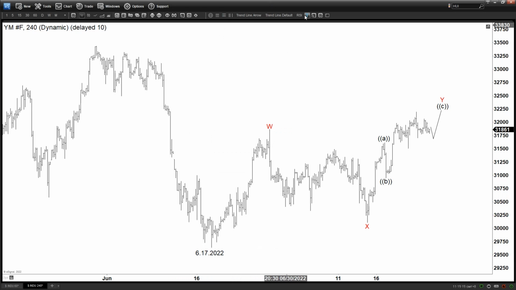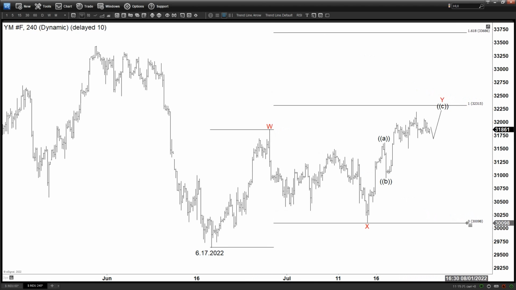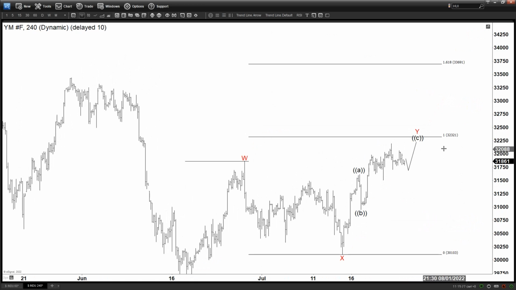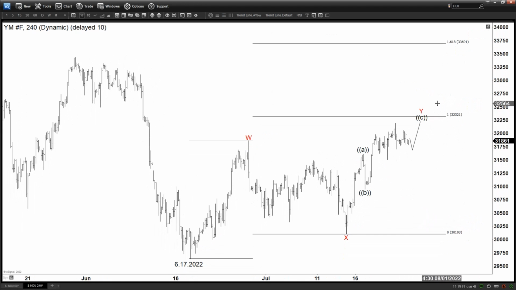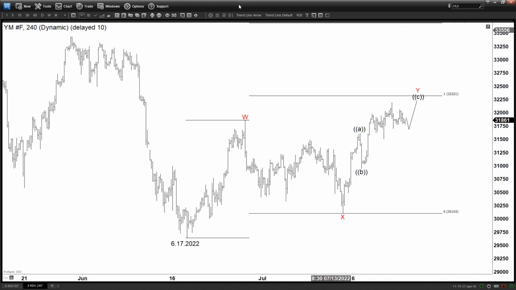Using the extension tools, we can find a potential target on the upside. Ideally this is a target level between 33,321 and 33,691. Then from here we can potentially finish the cycle.